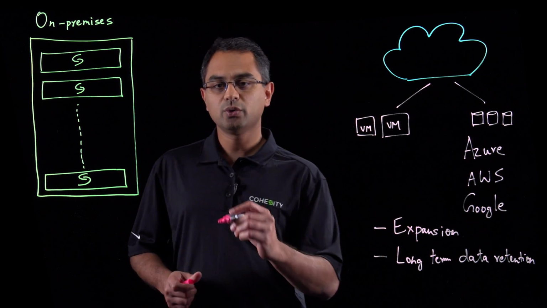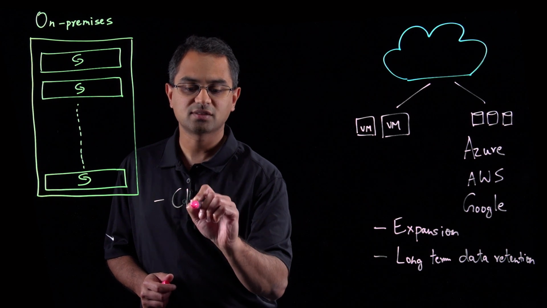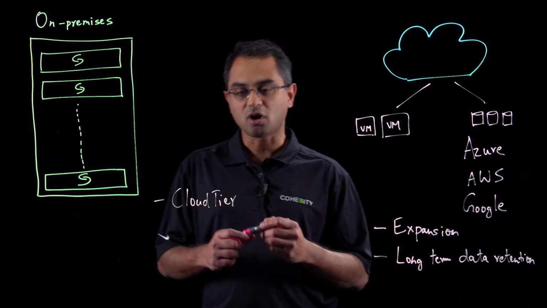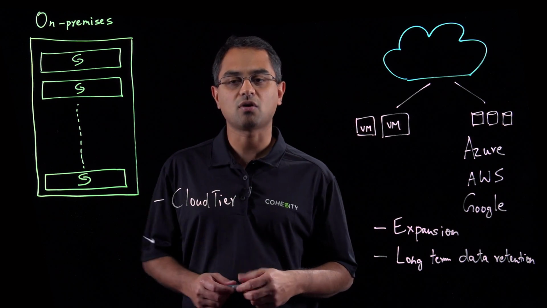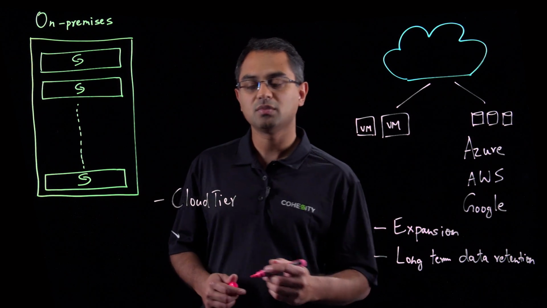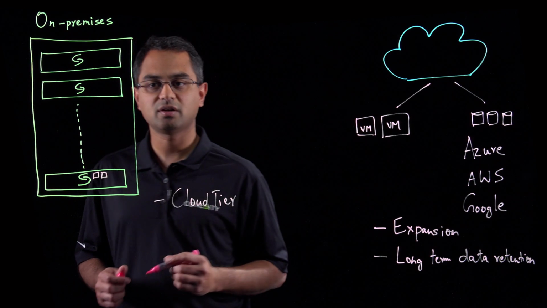So the way we do it is in two aspects. One is what we call CloudTier. So we know that all data is not necessarily accessed all the time, particularly in the area of data protection. So there may be some blocks of data here in the on-prem that are hot, that are accessed.